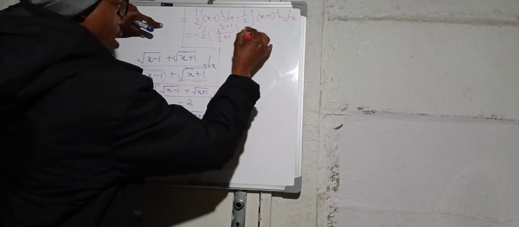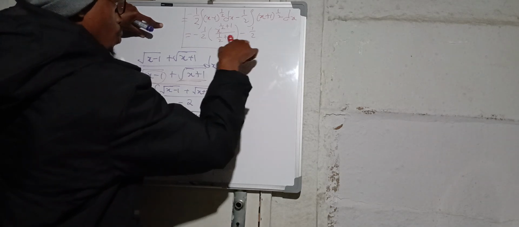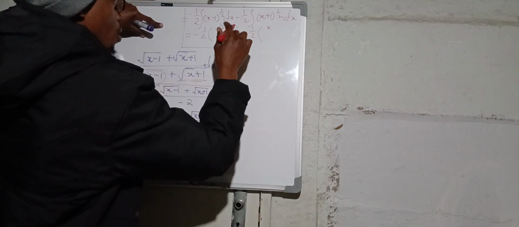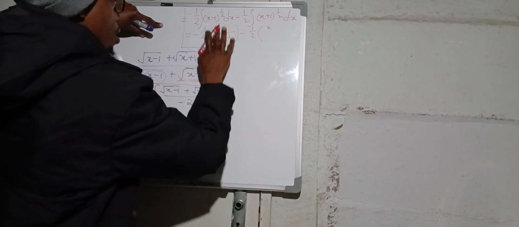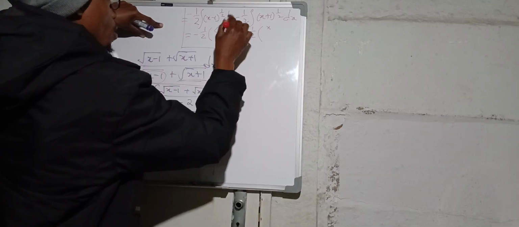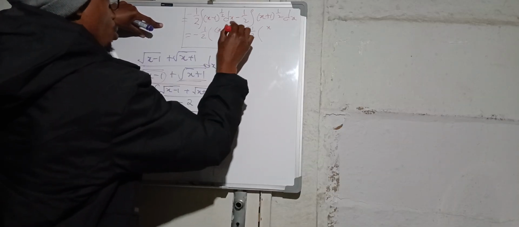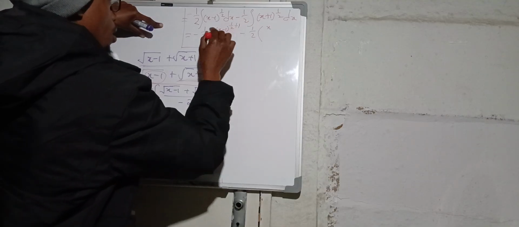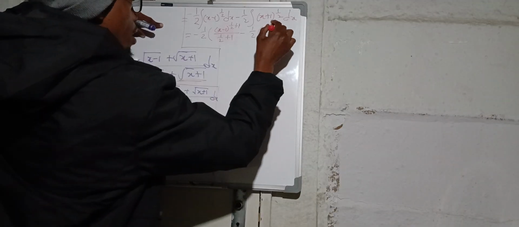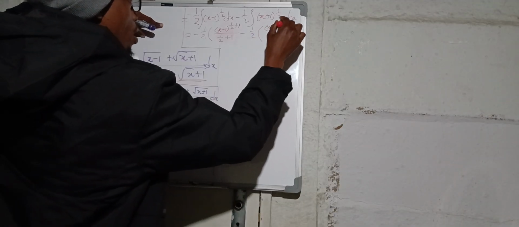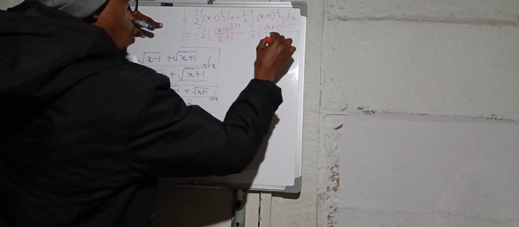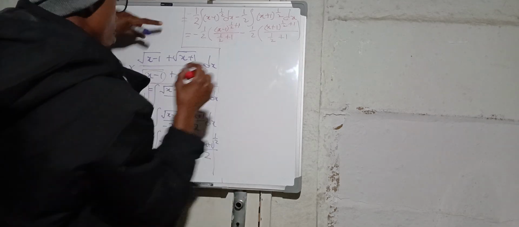And then the second part, 1 over 2, which is the one that is outside, and then the bracket, I will have x to the power of, oh sorry, not just x, it should be x minus 1 to the power of 1 over 2 plus 1. In the denominator is going to be 1 over 2 plus 1. Similarly here, we're having x plus 1 to the power of 1 over 2 plus 1, all over 1 over 2 plus 1, and then I close my bracket.